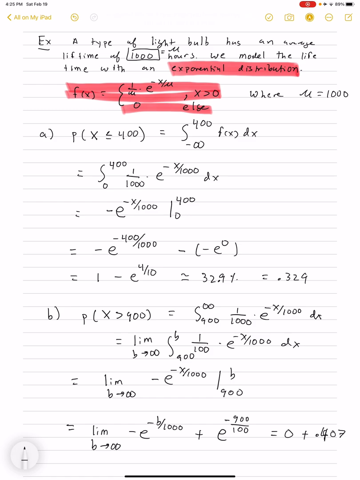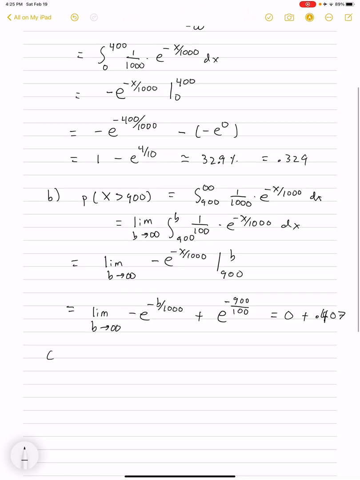Okay, let's do one more. Now we can ask this question: what is the median lifetime of the bulb? Well, the median has the following property. The probability x is less than the median is equal to 50%.